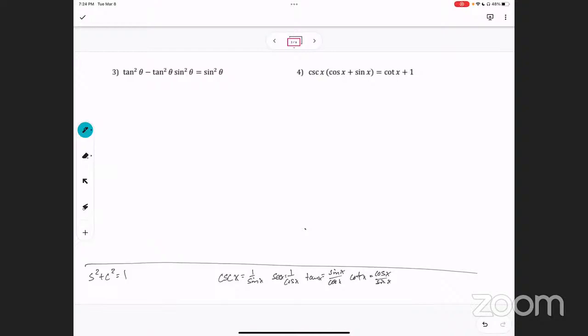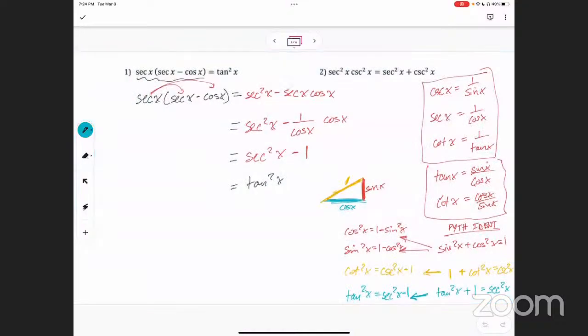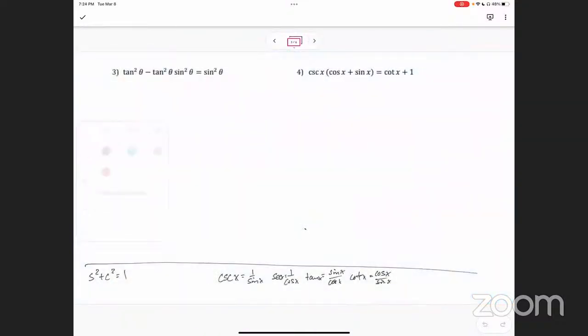Let's see, what did I use before? I'll try to be consistent. I use yellow for dividing by sine. So when I divide by sine, I'm going to use yellow. So this is going to be 1 plus, if I divide cosine by sine, look over here, I get cotangent, right? So 1 plus cotangent squared equals 1 divided by sine, look for the sine on the bottom, is cosecant.